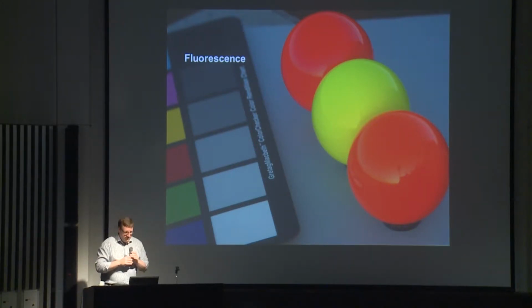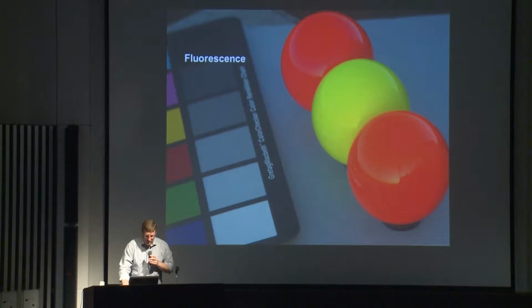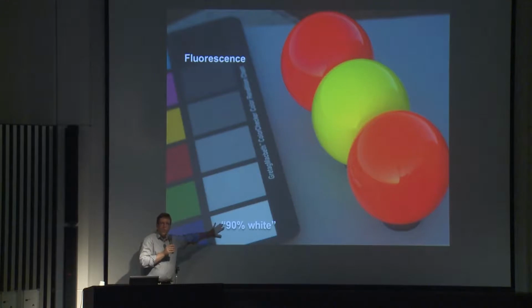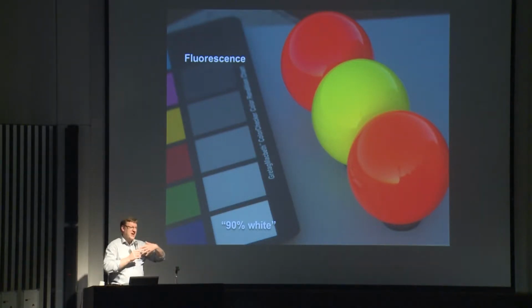And the main effect, of course, is fluorescence, to have signaling colors. Okay, so the three balls you see here are all three fluorescent. And if you compare that to the intensity of a 90% white patch, you see that they are much, much brighter than any surface ought to be. If it just would reflect 100% light, this thing is even brighter.